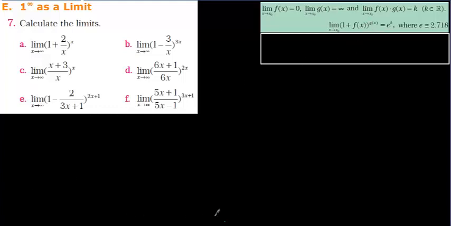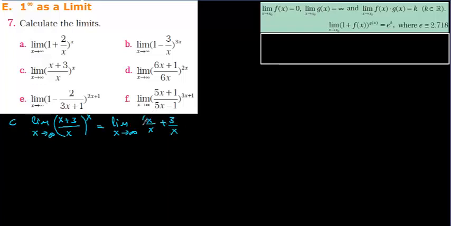And the third one, if I start with the third one, first I need to change the form into the 1 plus f(x) form. The limit as x tends to infinity of (x plus 3 over x) to the power of x is equal to the limit as x tends to infinity of (x over x plus 3 over x).